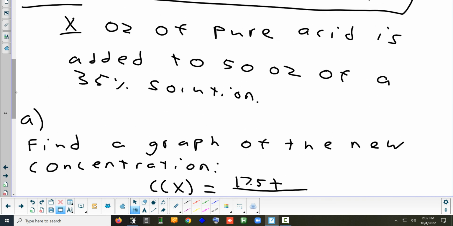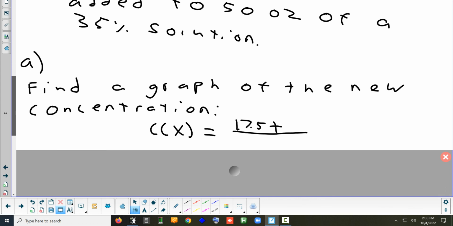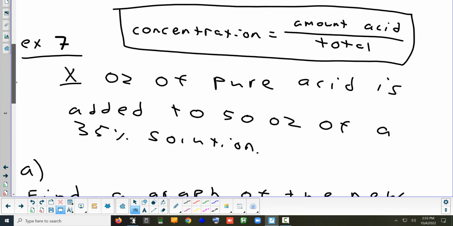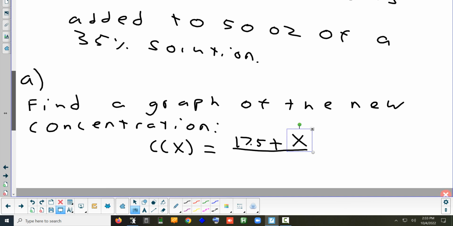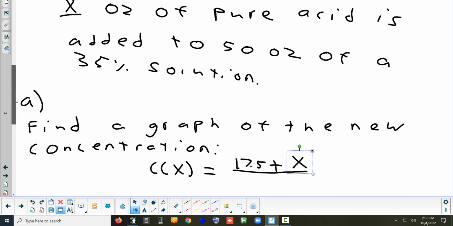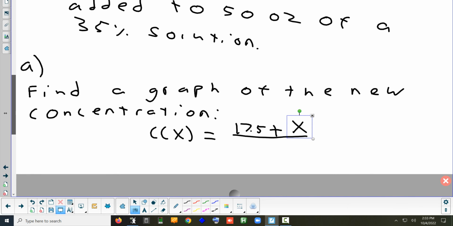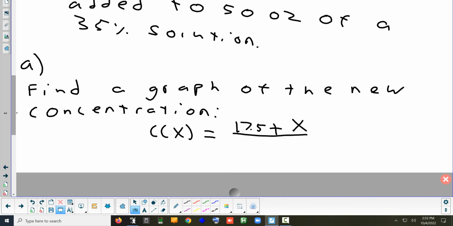Plus, how many ounces of acid are we adding in? X. When we're done, that's how much acid we will have: what we started with plus what we added. Now the bottom is the total. How many ounces of liquid are we starting with in total?